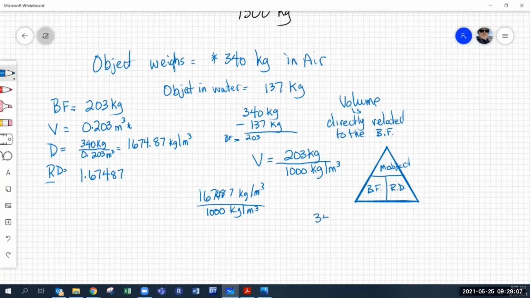The mass of the object was 340 kilograms, and if I divide it by the buoyant force, which is 203 kilograms, that comes out to 1.67487. So that's a quick and easy way to do a relative density of that object.